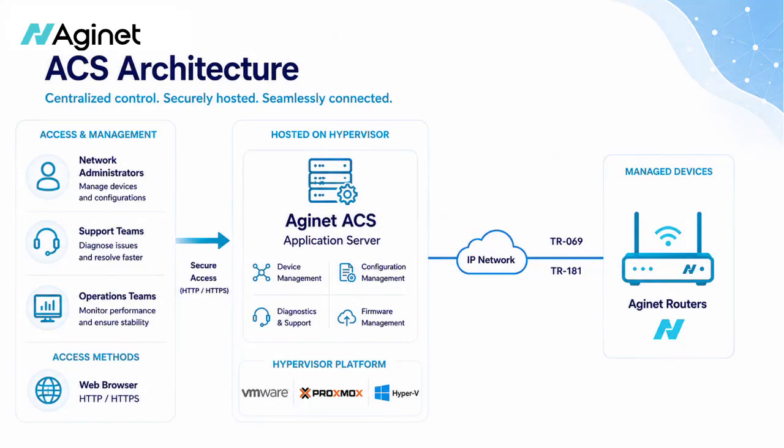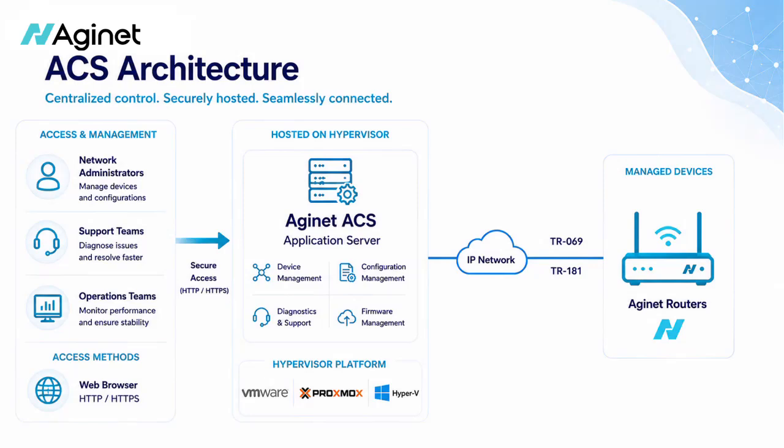So as you can see, ACS would be in the middle with your support team and network operations center on your left. They all log into the platform using HTTP or HTTPS. And the devices on your network are then managed via TR-069 or TR-181.